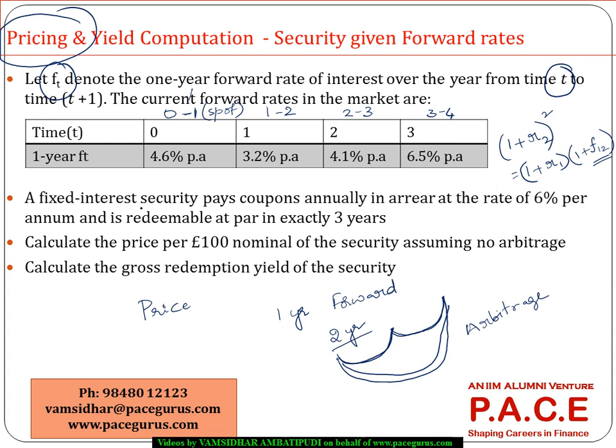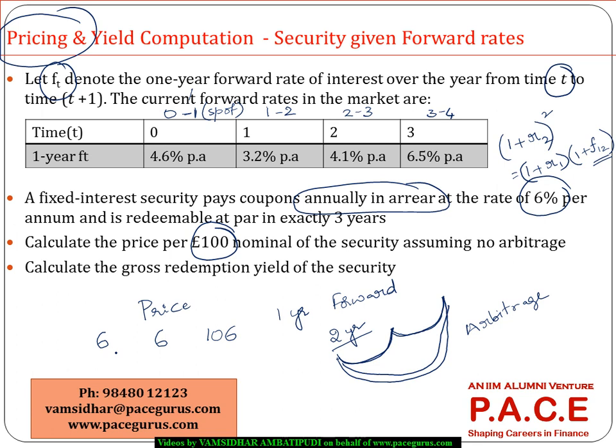Now, our instrument, a fixed interest security, pays a coupon annually in arrears at the rate of 6% per annum, which means at the end of 1 year it is going to pay a 6, at the end of 2 years it's going to pay one more 6, and at the end of 3 years it will pay a coupon of 6, and the face value, the nominal value, would also be refunded, which is 100.